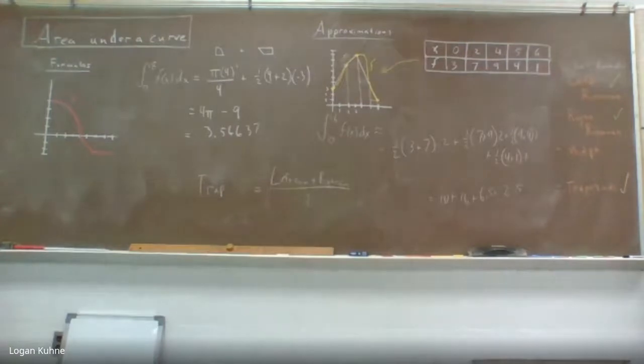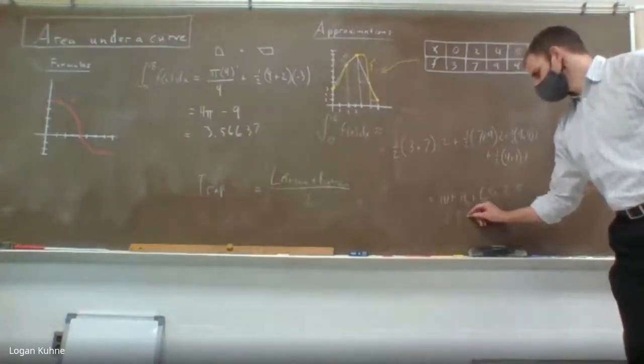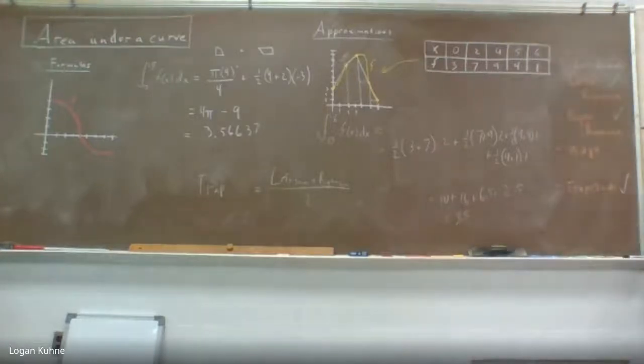We have those up? I think it's 35. Should be 35. 35. Okay. That's trapezoids.